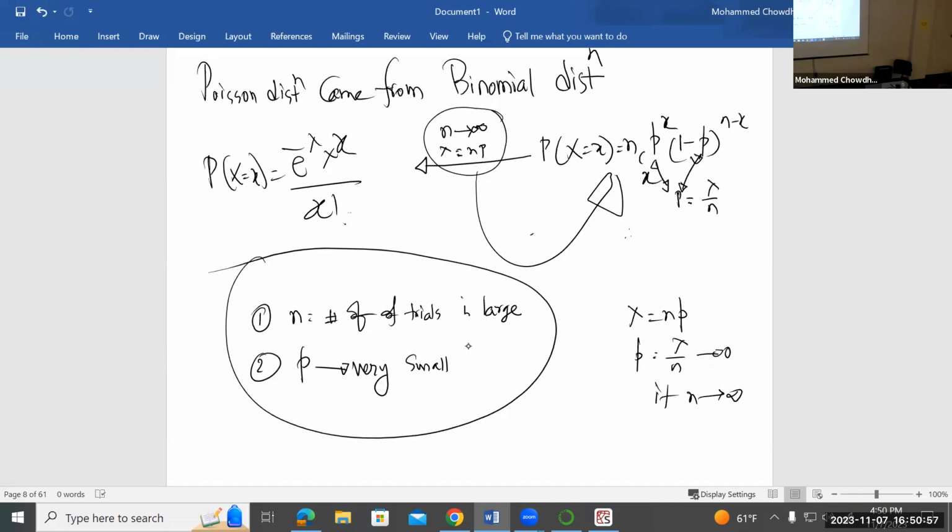Maybe 100,000. How many accidents take place? 1, 2, or 0? So n is very large, 100,000, right? How many accidents? 0, right? Are you seeing these things? The probability of accidents is very small, right? That makes sense, right? A real life example, right?